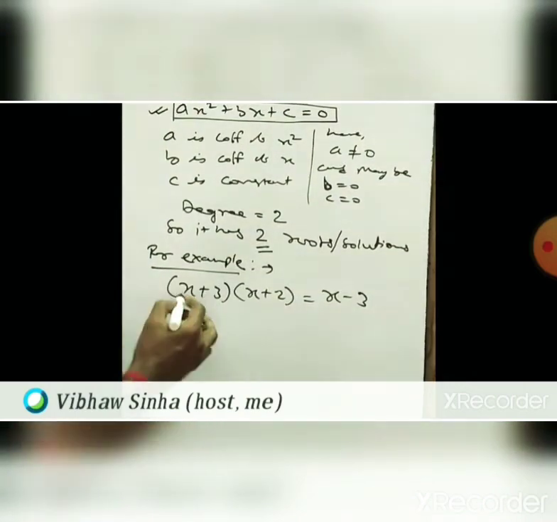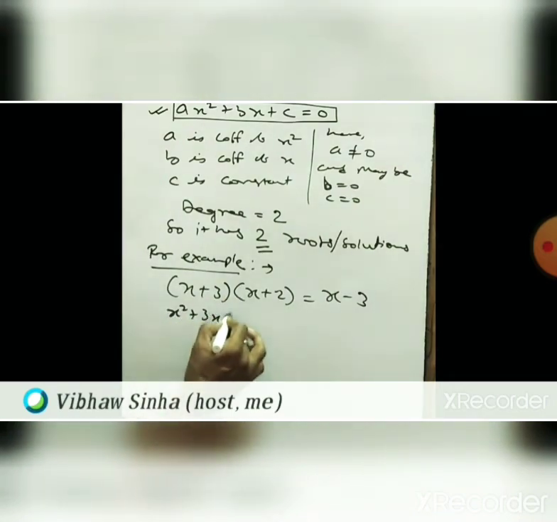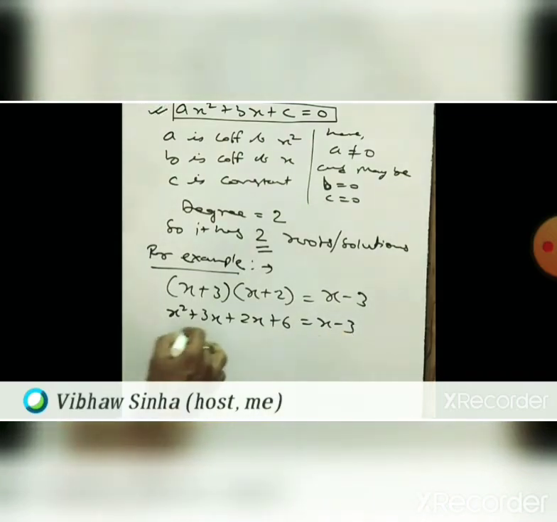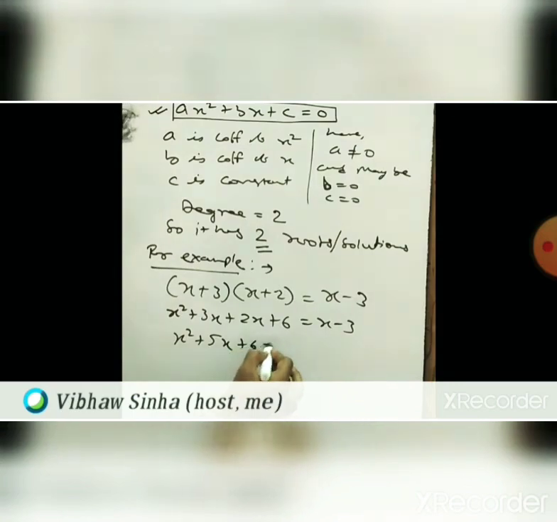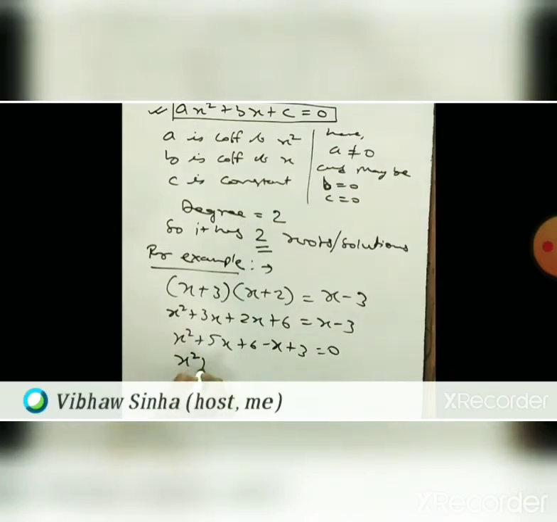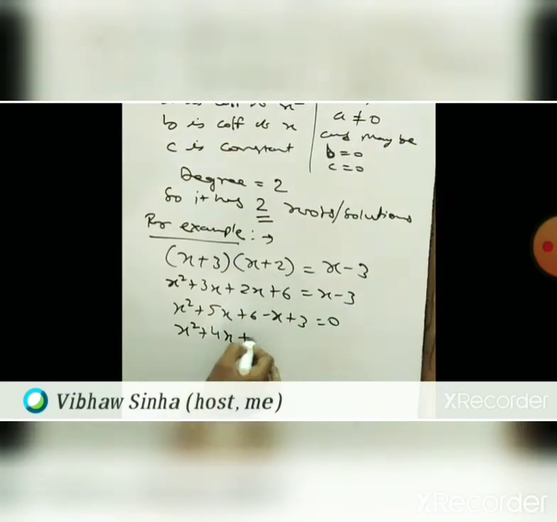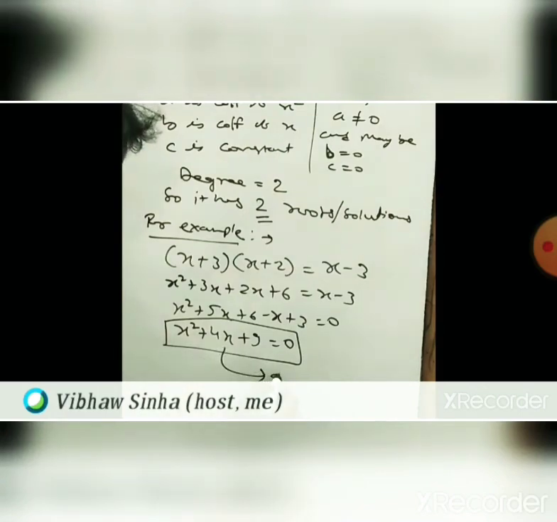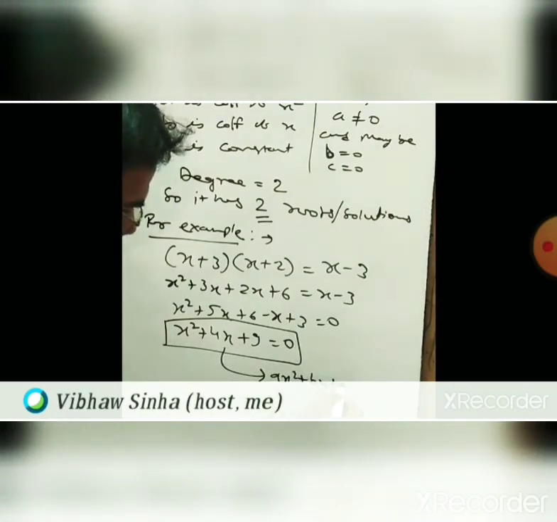So you multiply: x into x, x square; 3 into x, 3x; okay. Now 2 into x, 2x; 2 threes are 6, equal to x minus 3. Now x square plus 5x plus 6 minus x plus 3 equal to 0. x square plus 5x minus x is 4x, 6 plus 3 is 9. So it is in the form of ax square plus bx plus c equal to 0.